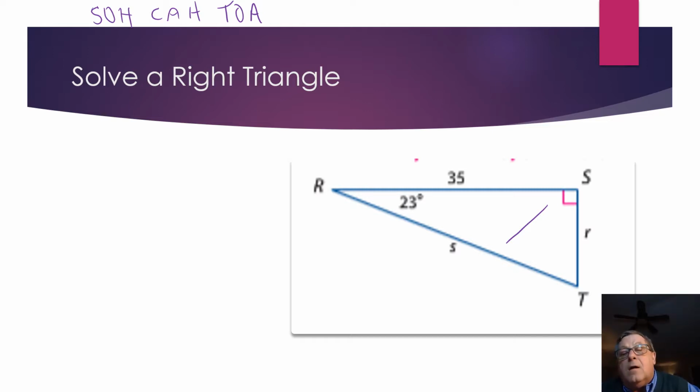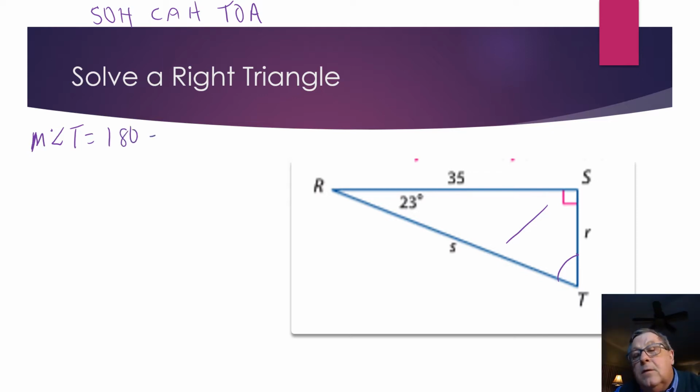And, well, I could go ahead and find t real quick. Again, using the triangle angle sum theorem. So we got 180. The measure of angle t is equal to 180 minus 90 minus 23.